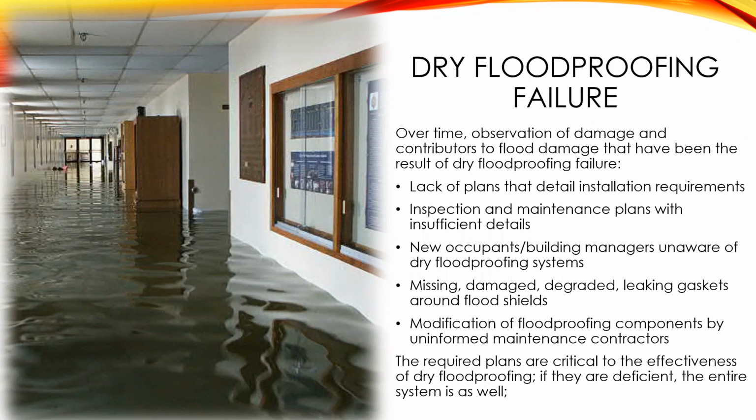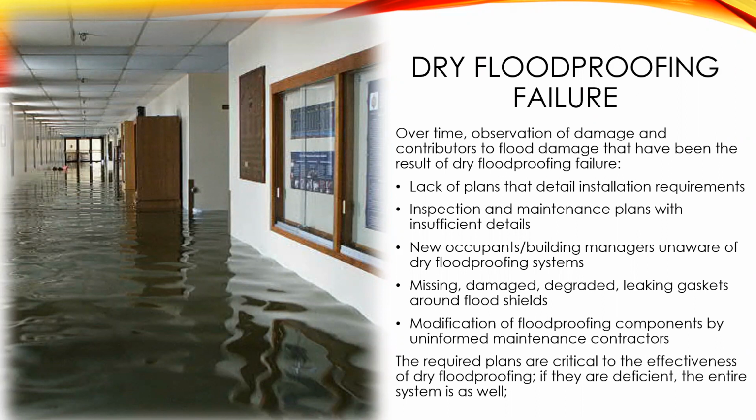Ownership could change, and then the new owners are completely unaware of their dry floodproofing system and how that's supposed to work. Missing, damaged, or leaking equipment during the time of flooding, or sometimes they'll have contractors come out and do work, and then they are modifying the floodproofing system without even realizing it.